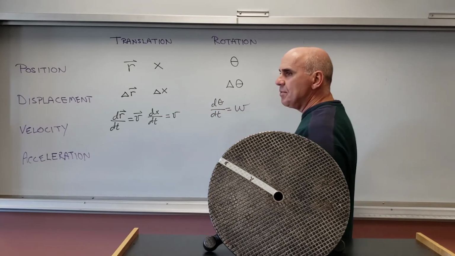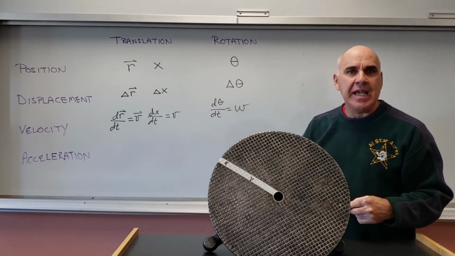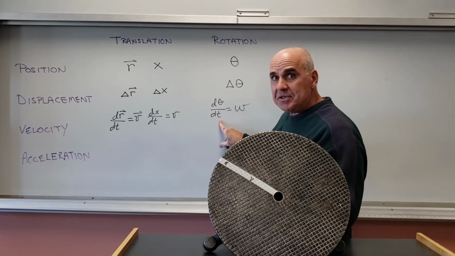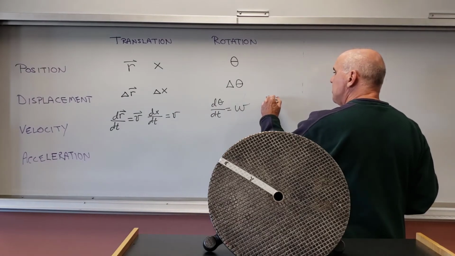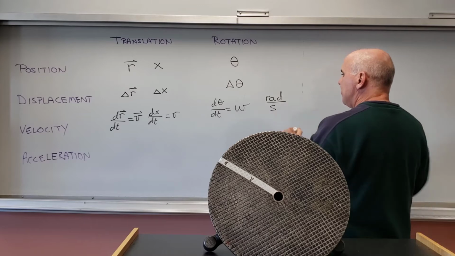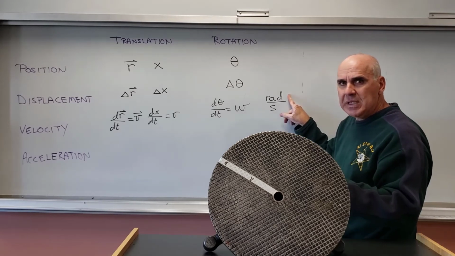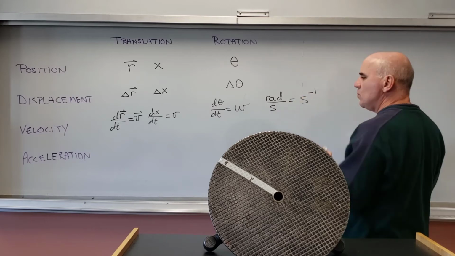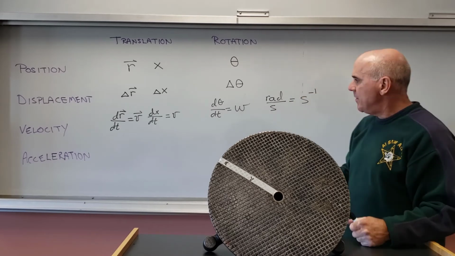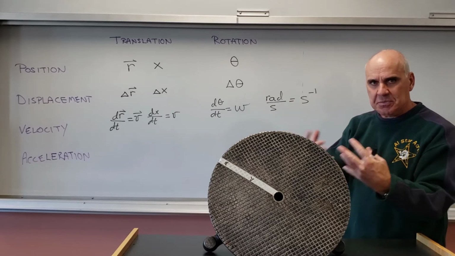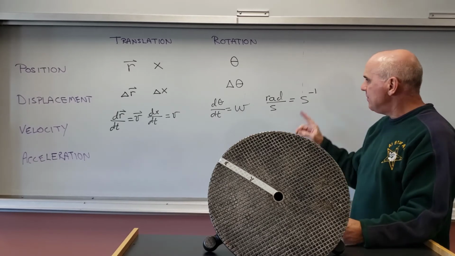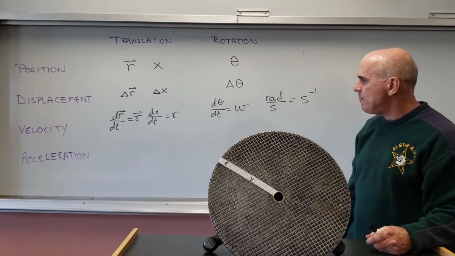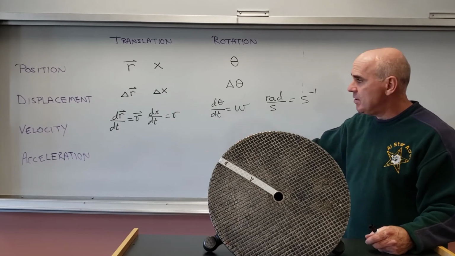I generally use the Greek letter omega for the angular velocity. Theta is measured in radians, time is measured in seconds, so this will generally be in radians per second. Radians is dimensionless, no mass, no length, no time, and so this is also equal to seconds to the minus 1. Both of those are legitimate. I like to do radians per second just to be more specific, but I don't have to. Seconds to the minus 1 is understood to be radians per second in the case of angular motion.